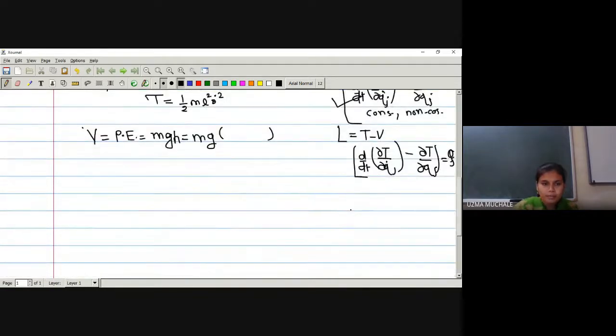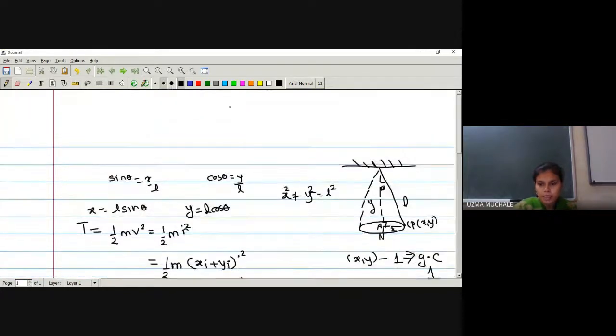So while finding the potential energy, we can say here AN is the height of your pendulum. Don't consider the height of the pendulum as the length L, because the length L is not going to work here. The mass will be moving in this circular motion, so we are going to consider only this area.